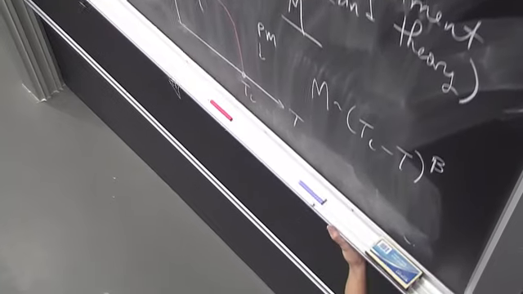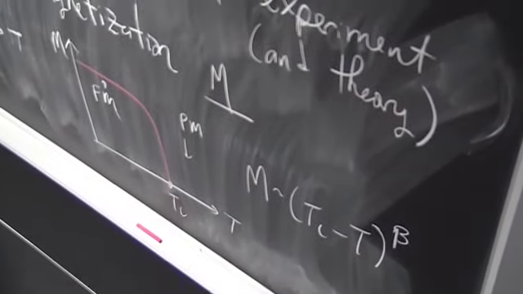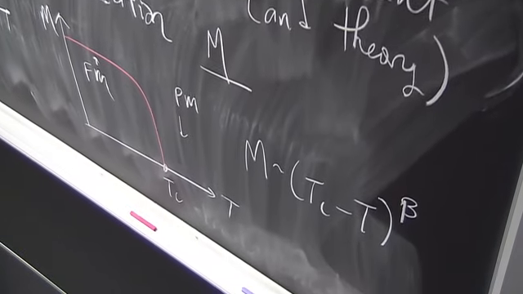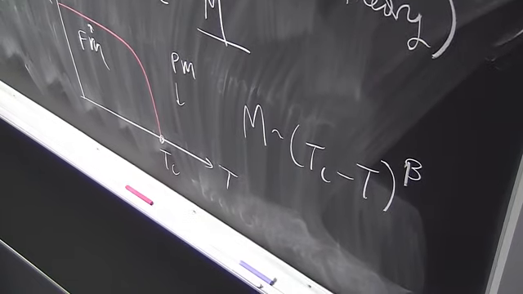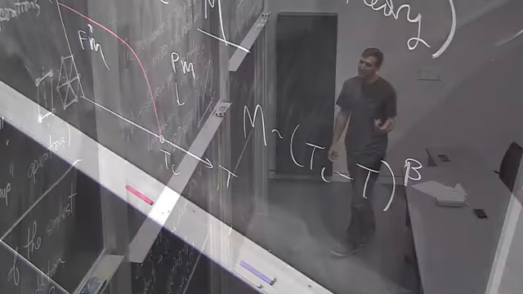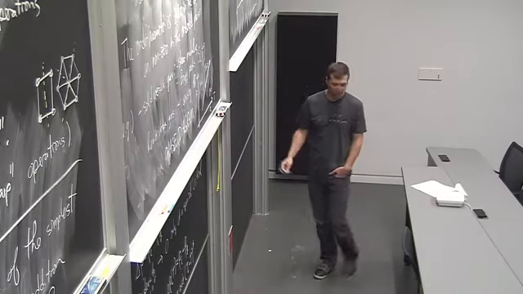Herein lies, again, the main point of this class: for certain systems, and I'll explain what governs these systems, that beta, that critical exponent measured for this magnetic system, maybe something like an iron or nickel compound, is the same as the beta measured in the liquid gas system.